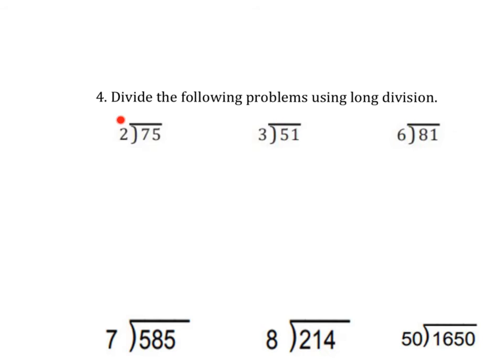All right, so 75 divided by 2. Let's go. 2 goes into 7 how many times? 3 times 2 is 6. Subtract. 7 minus 6 is 1. Drop down the 5. 2 goes into 15 how many times? Skip count by 2: 2, 4, 6, 8, 10, 12, 14, 16.